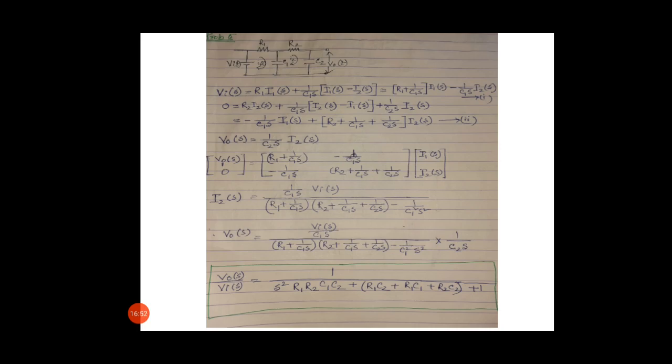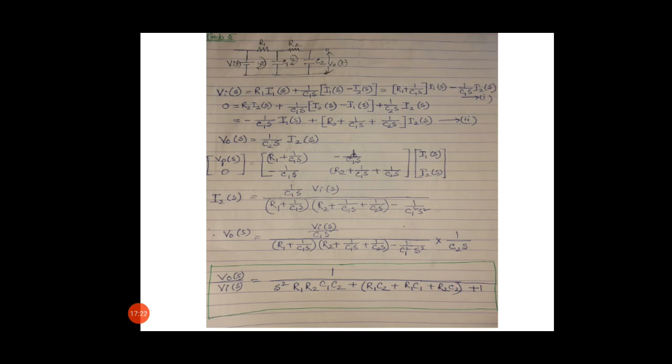After applying Laplace transform we find these three expressions. This is the first expression, this is the second expression, and this is the output voltage expression. And again from the first and second equations, we find this matrix.